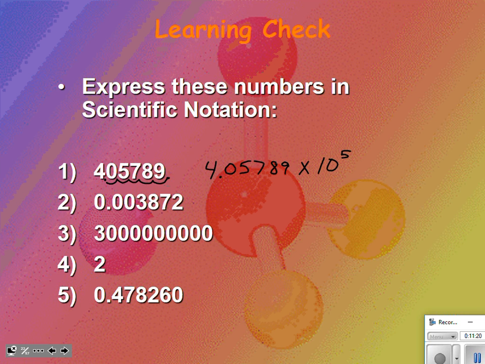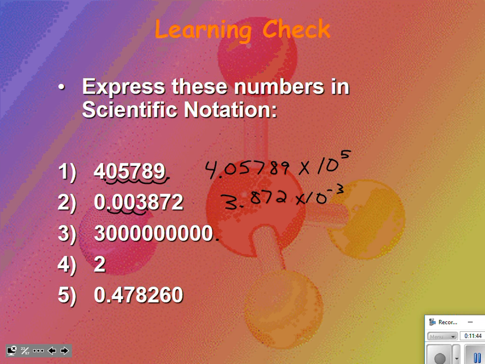My second one, move my decimal to there, jumped it 1, 2, 3, so it's going to be 3.872 times 10 to the negative third, because that number was less than 1, so it's a negative.